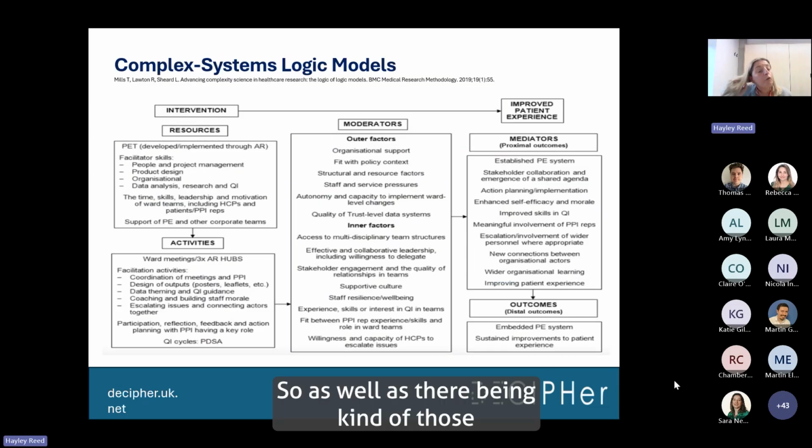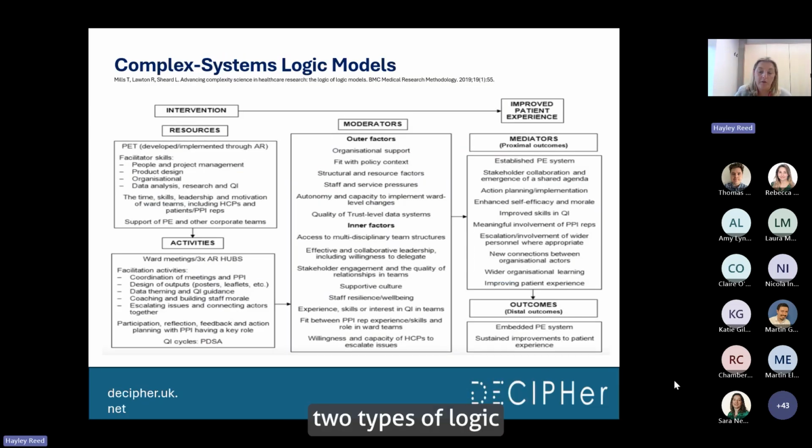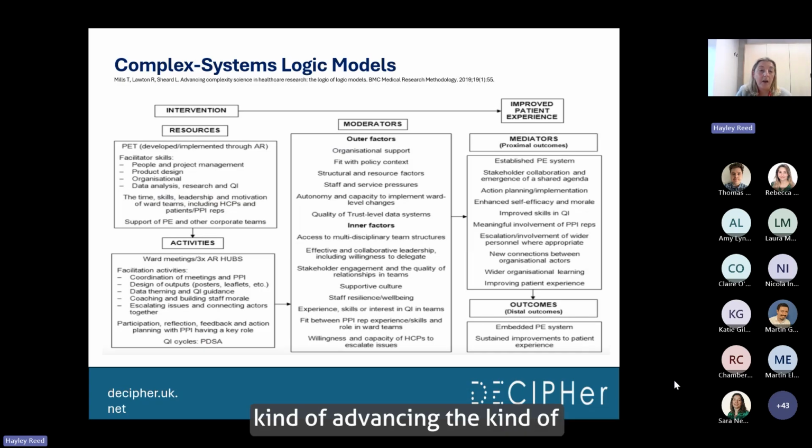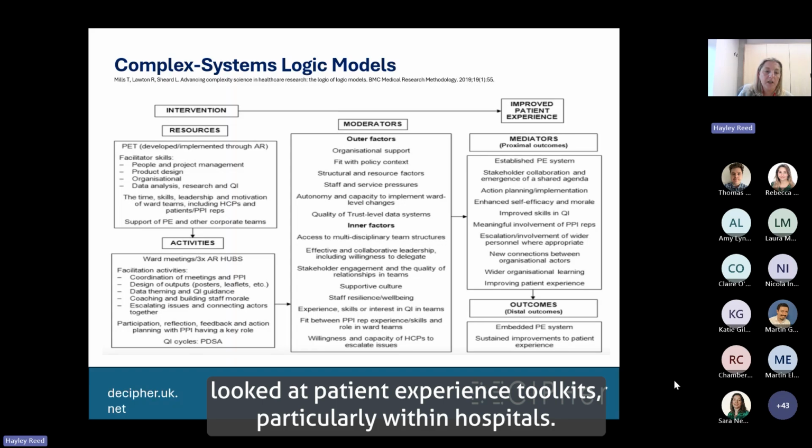So as well as there being those two types of logic models, Mills and colleagues talked about advancing the complexity science part of the logic of logic models. So their interventions really looked at patient experience toolkits, particularly within hospitals.